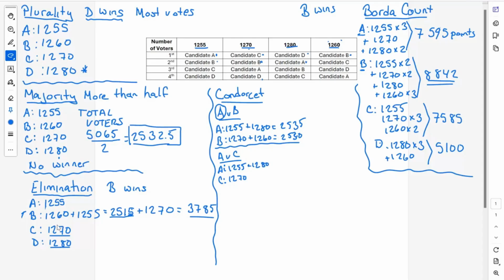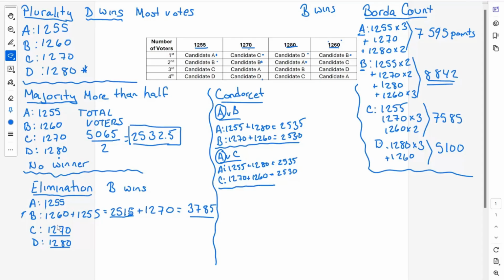And these 1,260 people like C better than A, and so C gets 1,260. The results in this case are exactly the same as A and B: A has 2,535 and C has 2,530. So A wins again. If it were only a contest between A and B, A would win. If it were only a contest between A and C, A would also win.